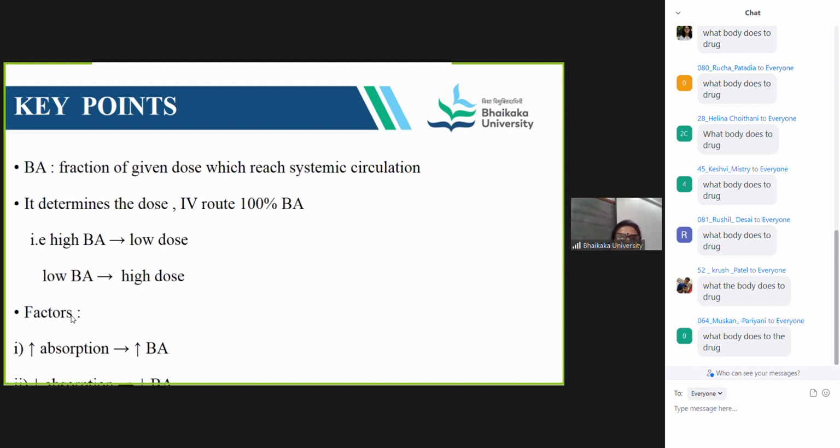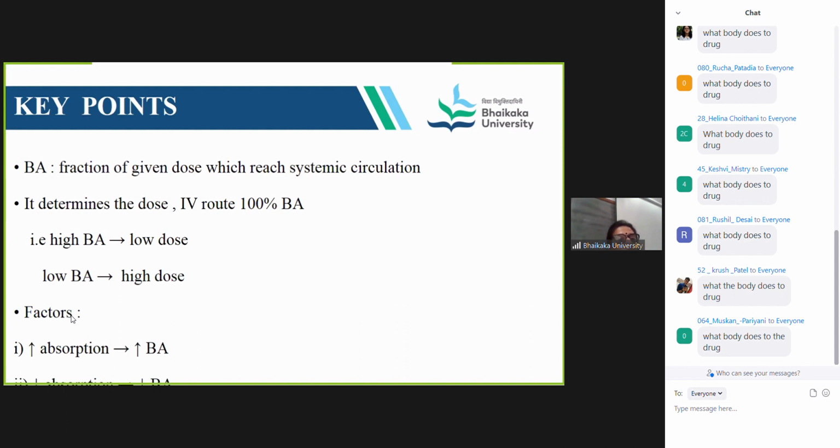And lastly, I told you the important points for absorption, that is bioavailability and bioequivalence, and the relevance between bioavailability and first pass metabolism. So I have already discussed all these.